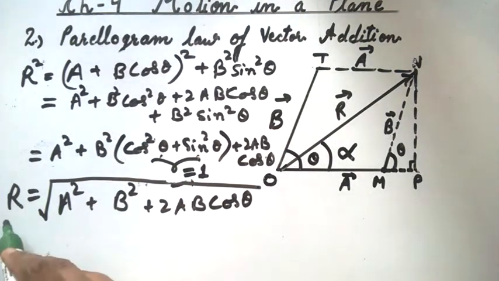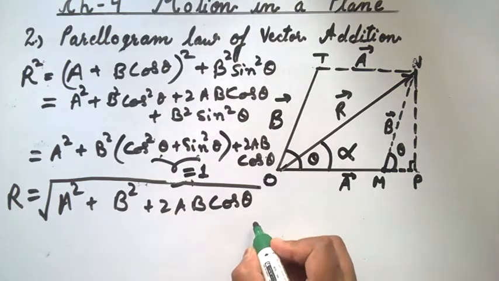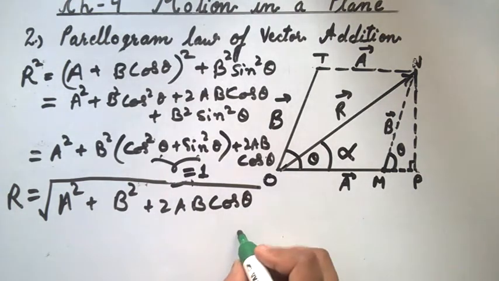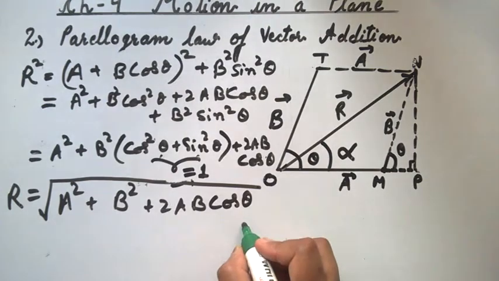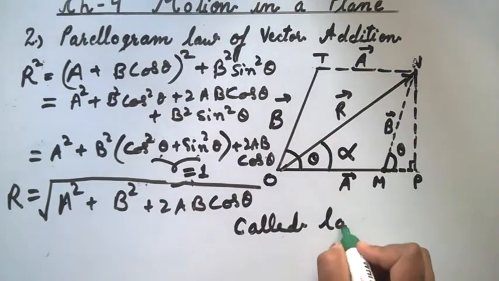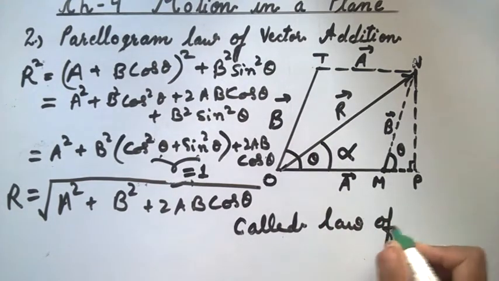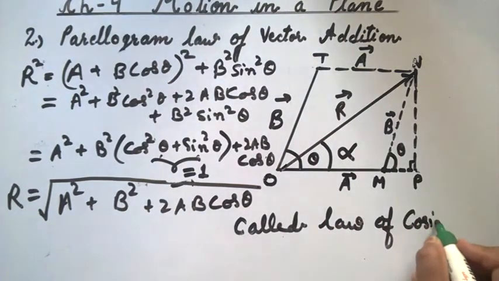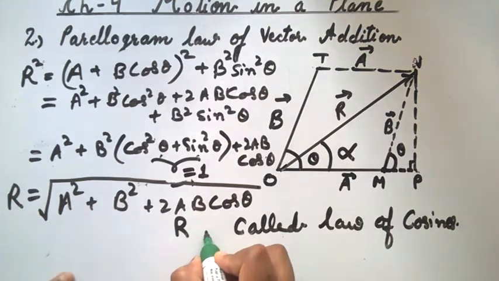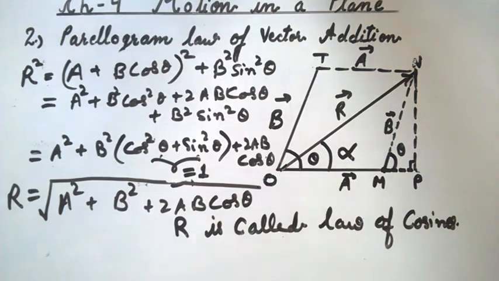This is the value of the magnitude of the resultant vector, and it is called the law of cosines.